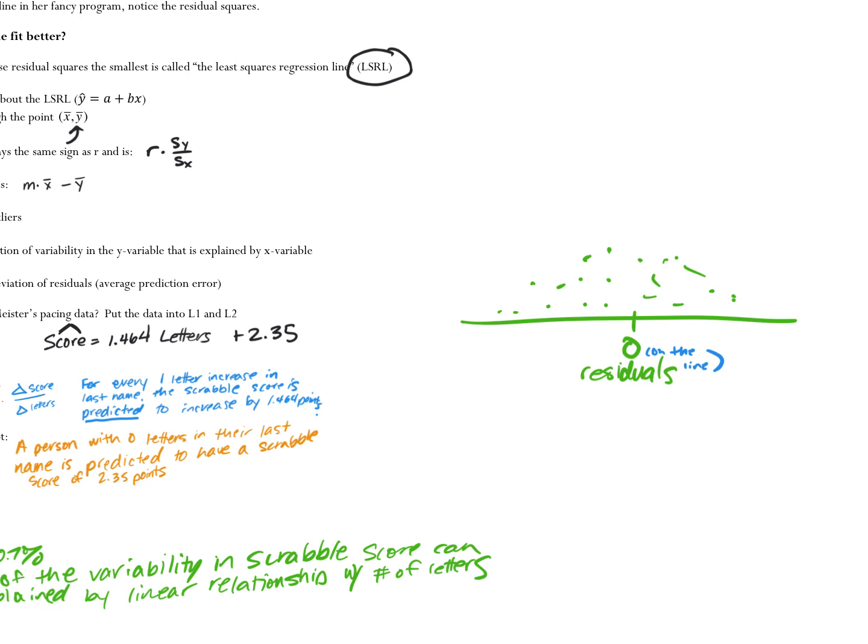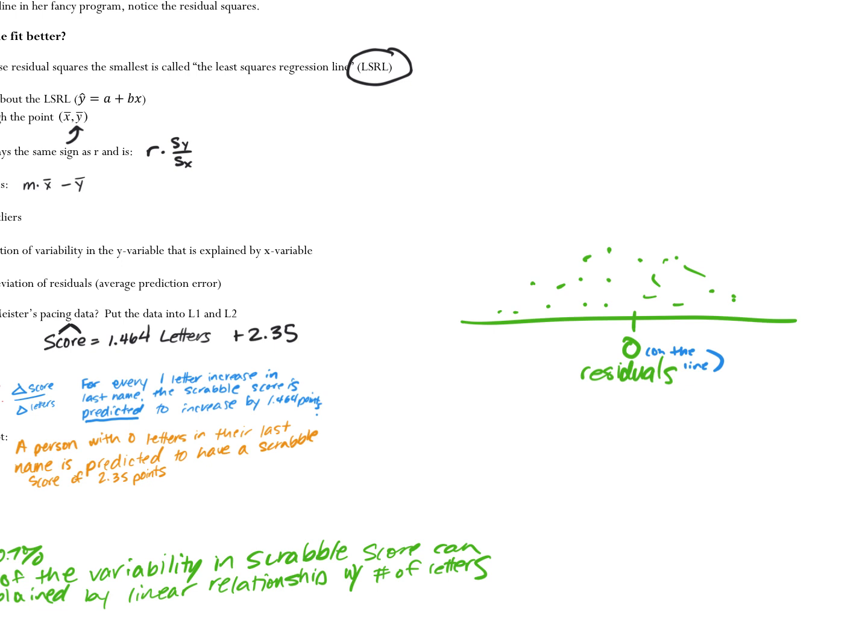Well, standard deviation is average distance from the mean. Then the standard deviation of the residuals is the average distance from the line, since the mean is the line. Are we comfortable with that jump? So the standard deviation of our residuals is actually the average error in prediction.